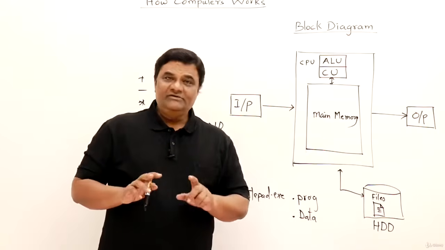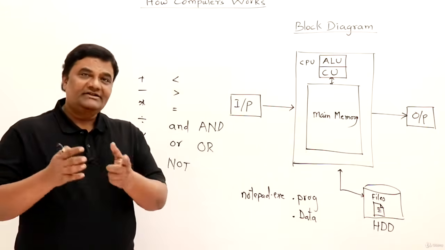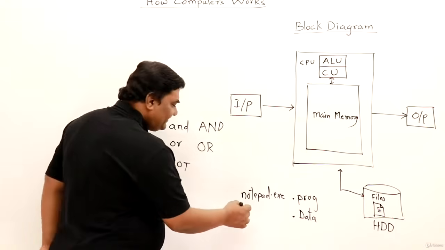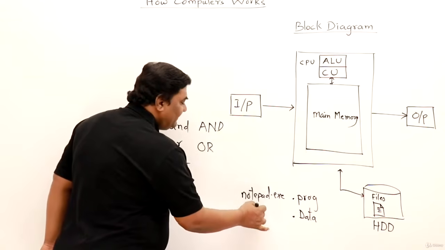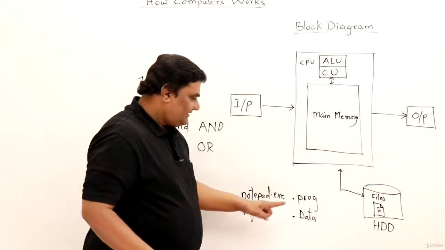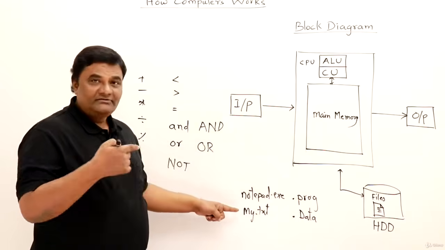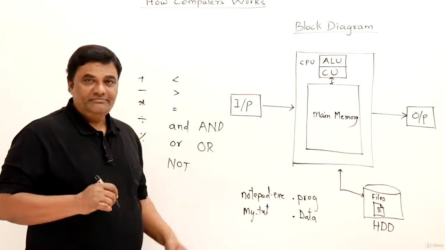Now inside Notepad, if you type something and save, then it will be saved as a text file. So you may be saving it as my.txt file, right? So this is a program file and this is a data file. This data file is used by Notepad or generated by Notepad.